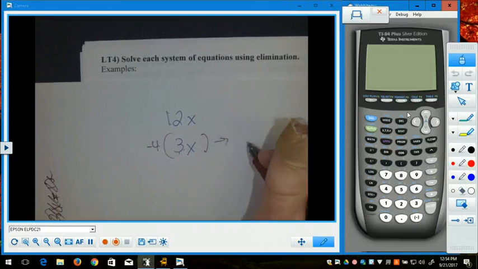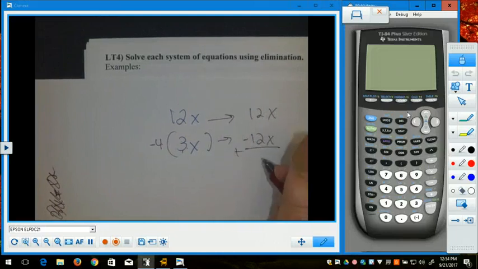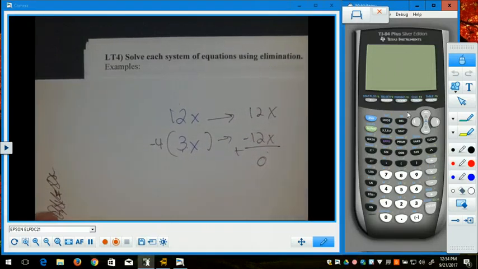If I did that, then this would become negative 12x, and up here I would still have 12x. When you add them together, they would become 0. 12x minus 12x is 0. So that's the elimination piece of it, eliminating a variable by adding the opposites together.